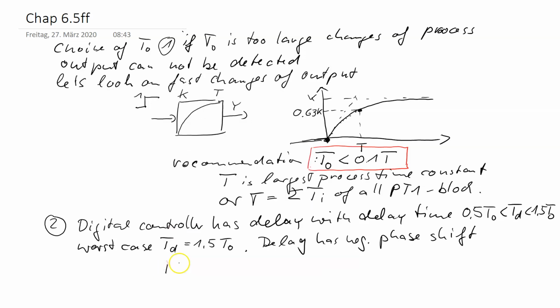The phase shift of a delay can be calculated as negative: delay has always negative phase shift, depending on radian frequency multiplied with delay time. And in our discussions we very often use the degree value, so we have to multiply with the radian to degree conversion factor, and then you get the phase of the delay time block in degrees.